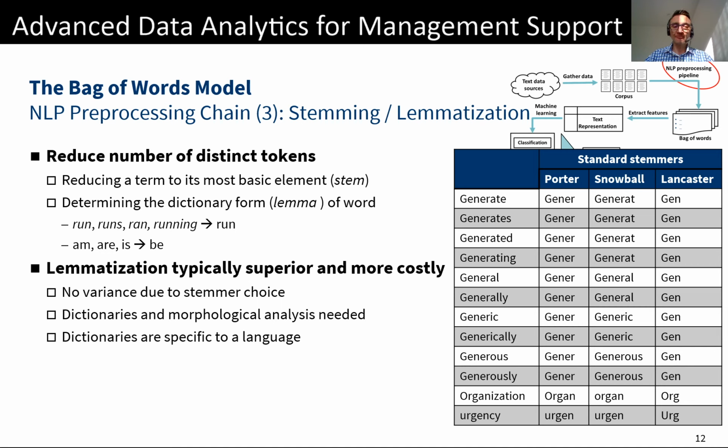That is true, but you might have choice in the dictionary that you use. And then, of course, there would be some variance, again, based on the dictionaries you employ. So typically you apply one of these two steps. Either you stem or you lemmatize your text.